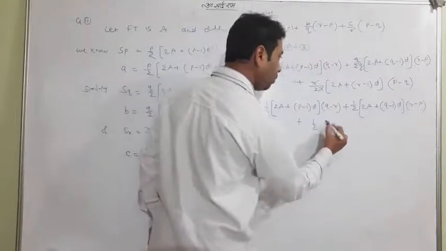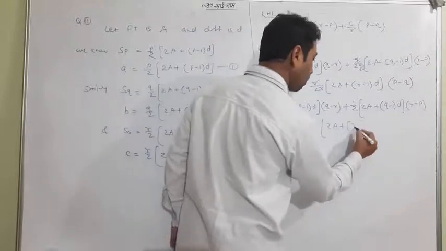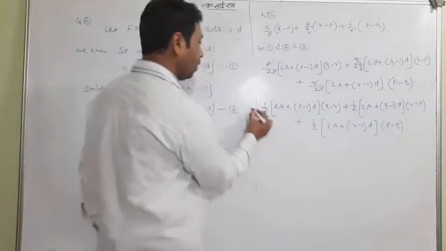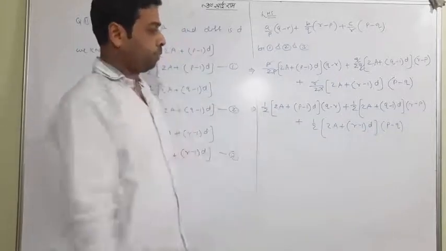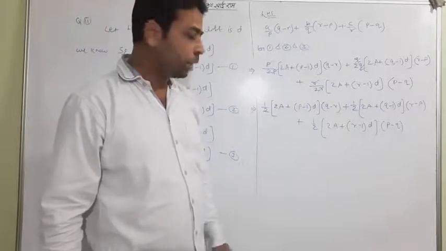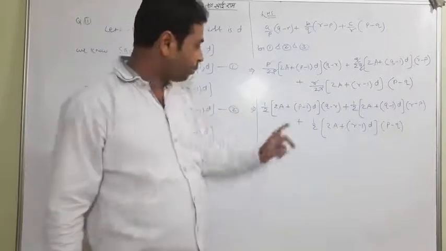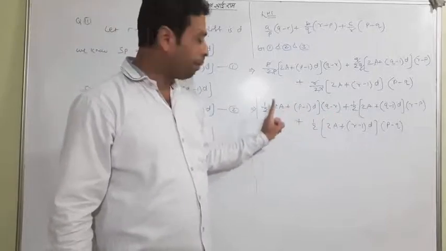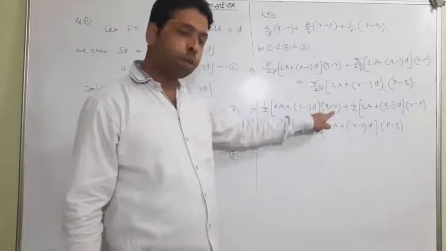I'll have 1 by 2 into 2A plus r minus 1 into D into p minus q. So we have got these terms. Afterward, we will simply try to solve it. Two things I'll do together: I'll multiply the half as well as multiply by q minus r.